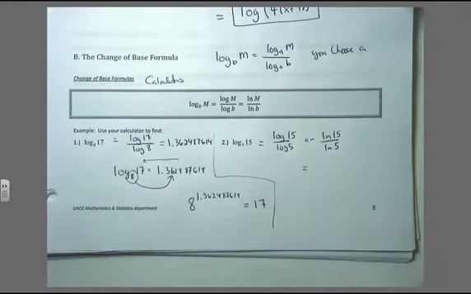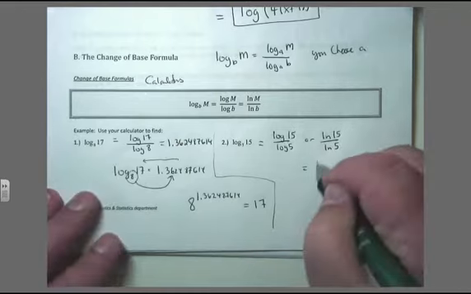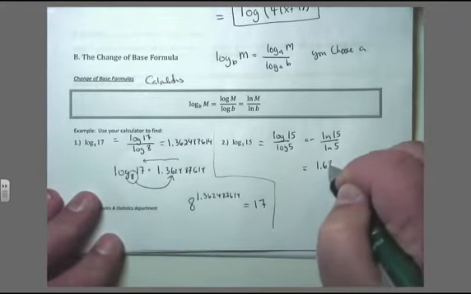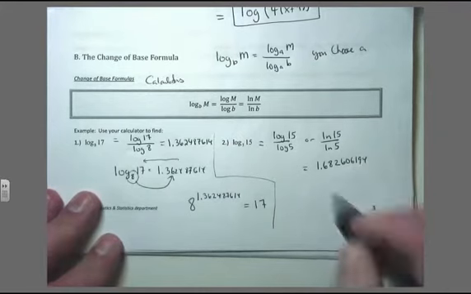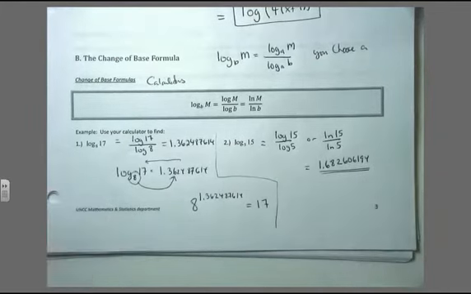When I did it on my calculator, I get 1.682606194. Double check me, it's a calculator problem. Does that make sense?